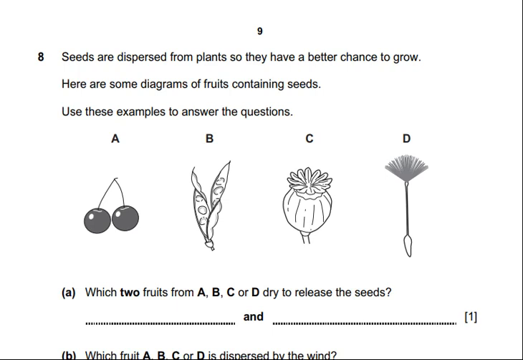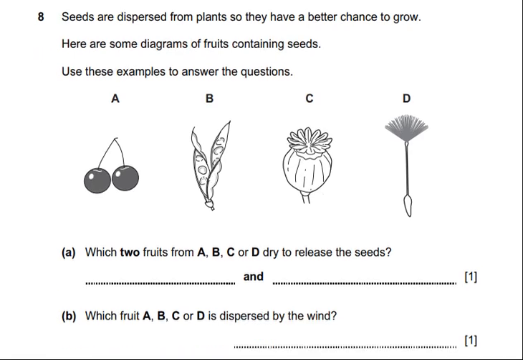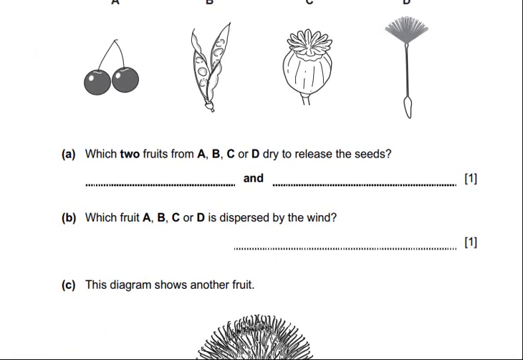So we have 4 samples here, A, B, C, D. Question A. Which 2 fruits from A, B, C, or D dry to release the seeds? So we need to find 2 of them. So the answer is B and C.